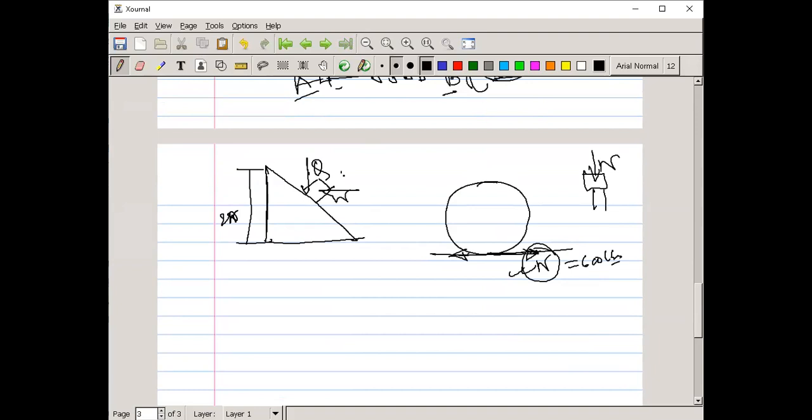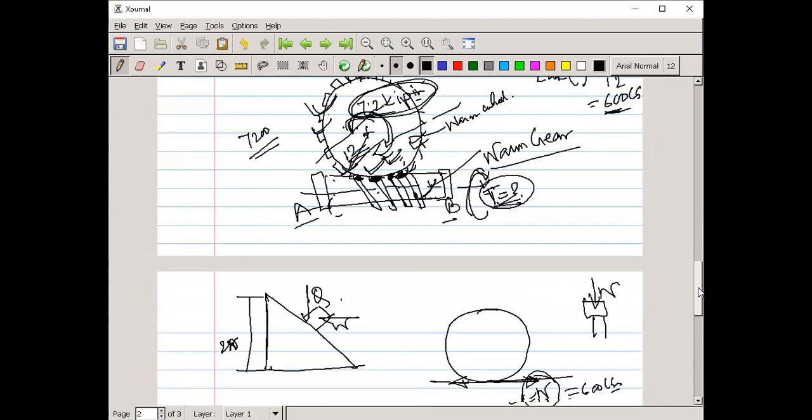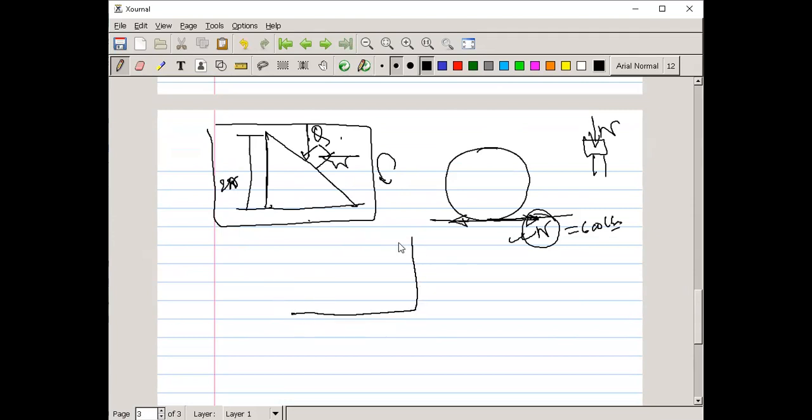Now, as in the previous lecture, we have drawn this in such a manner that Q is here, W is here. We want to match with this, so what we have to do? Simply rotate this figure. If we rotate this figure, then what do we get? This, and this. Clear? This is 2 pi r.